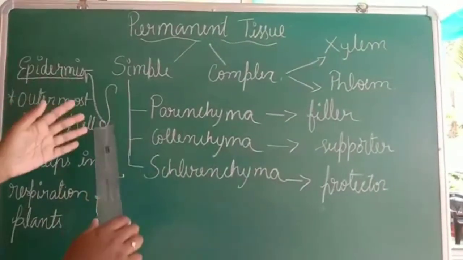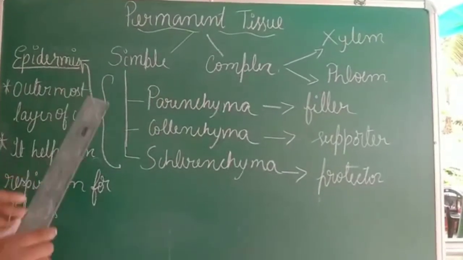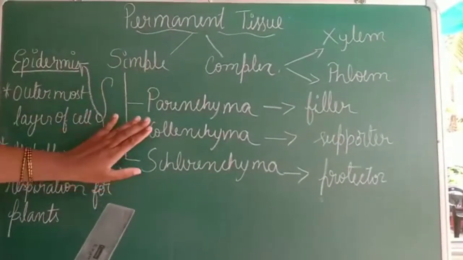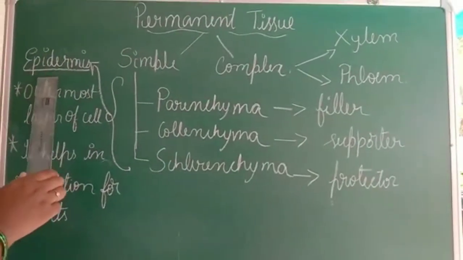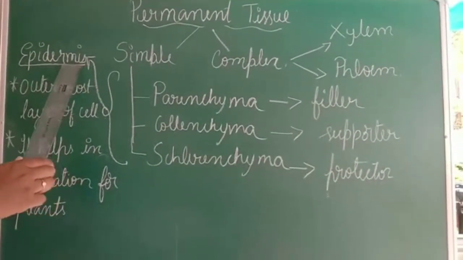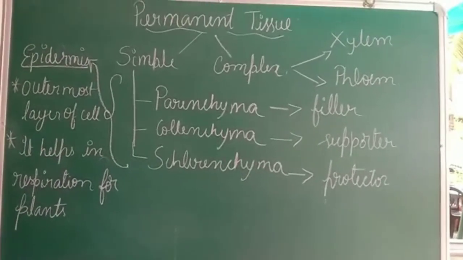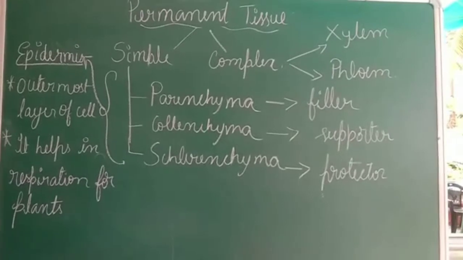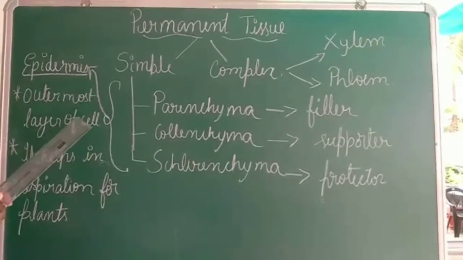These three are together known as epidermis. Which three? Parenchyma, collenchyma and sclerenchyma, together known as epidermis. There are two main functions of epidermis. The first is that it is the outermost layer of the cell.